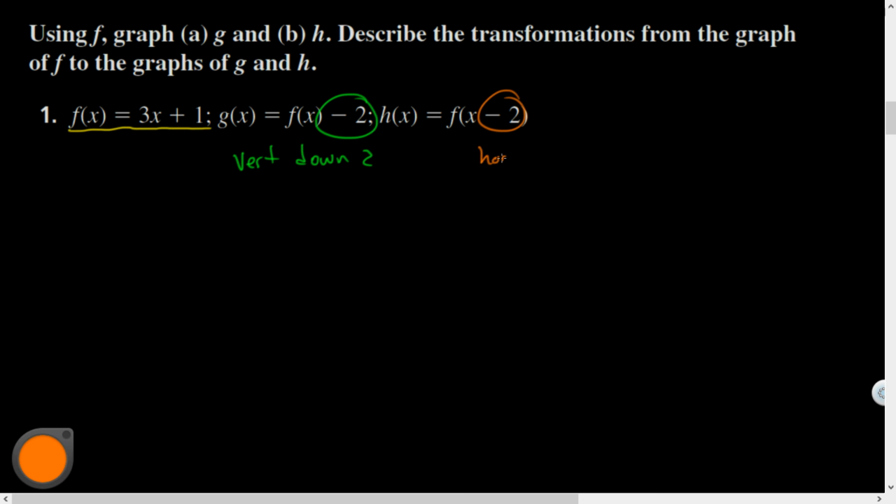So this is horizontal because it was inside the parentheses. And which way do you think it'll be? Right? Positive x is over here, negative x is over here. This will actually shift it right 2 units. So that shifts it in the opposite direction I would have thought, right? It moves it towards the positive x rather than the negative x.